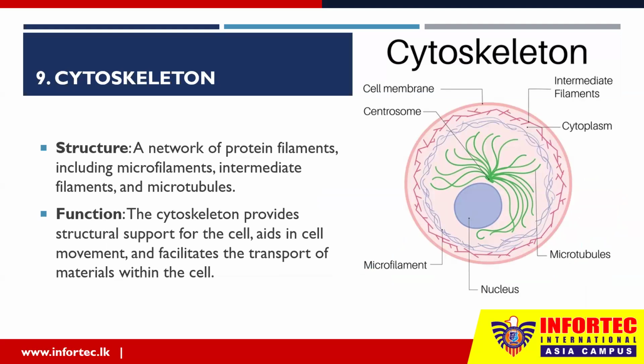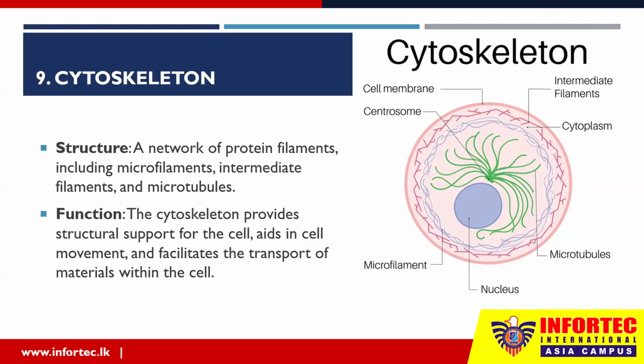Another important structure is the cytoskeleton. It gives support, like the skeletal system inside our body, which makes the shape, makes the structure, and gives support to our body. Likewise, for the cells there is a structure that gives support to the cells, which we call the cytoskeleton. How is it made?